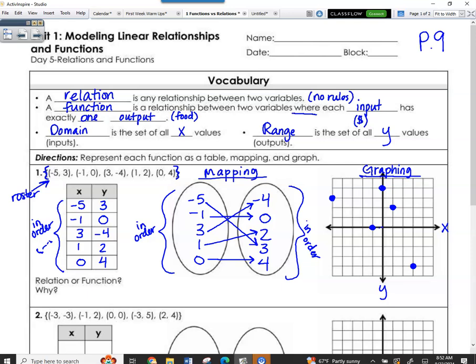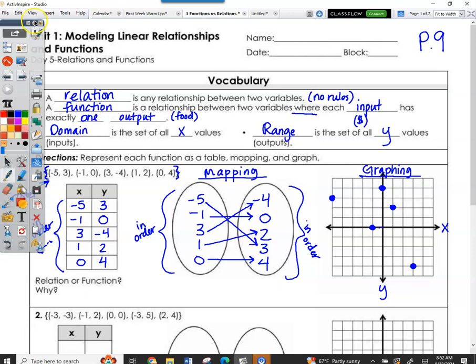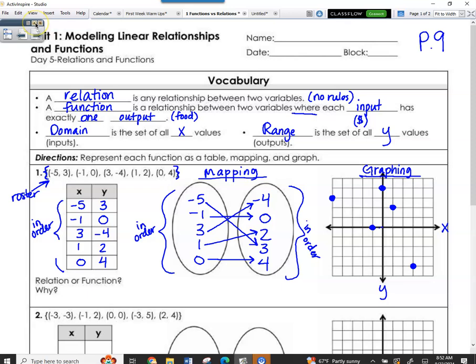But you have to meet one condition to have a function. It's like a vending machine. If I plugged in this number, I had to come out with just one number, right? And none of them can repeat. So do you notice right here, if I plug in -5, what do I get?